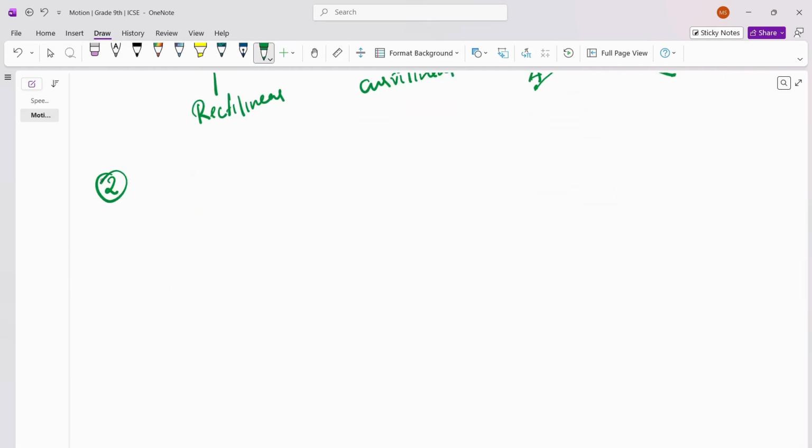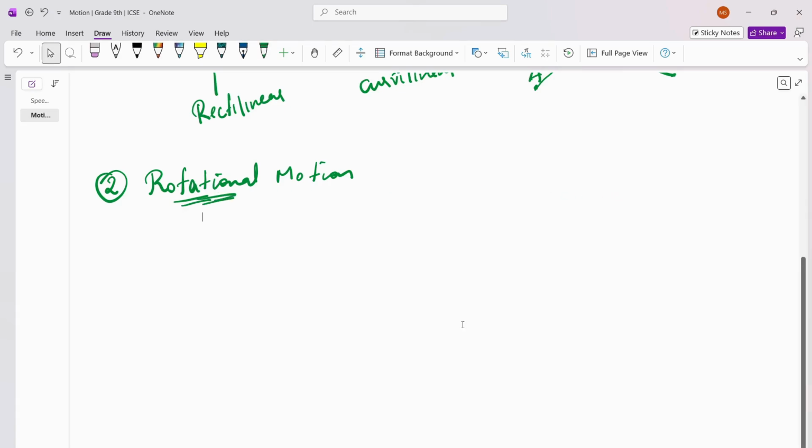Now coming to the second type of motion, which is called the rotational motion. Okay, so the name itself gives out what type of motion this is, right? In rotational motion, an object moves in a circle or about an axis. So you have an axis, and an object moves around a fixed axis.